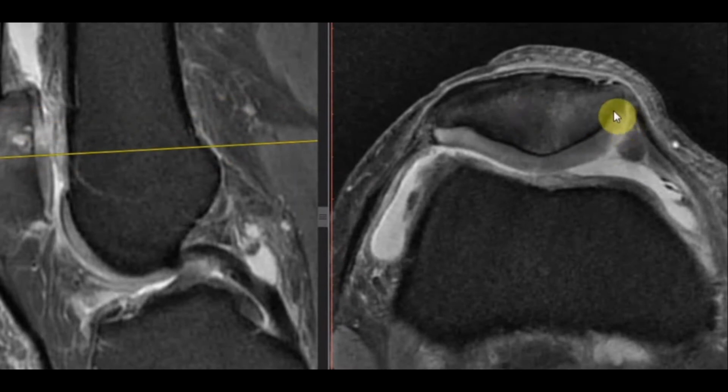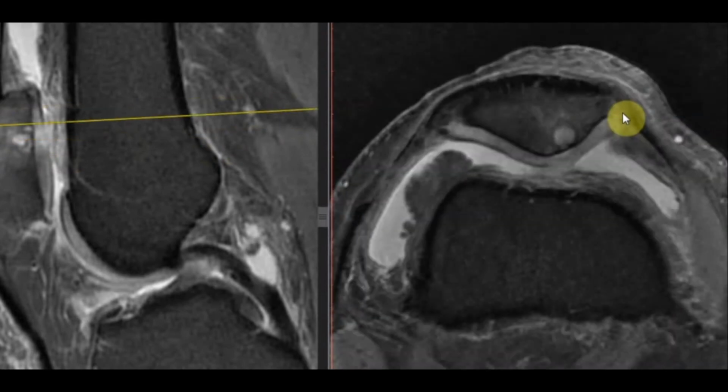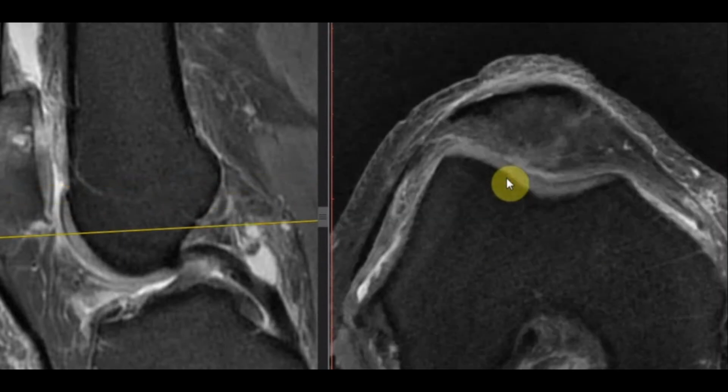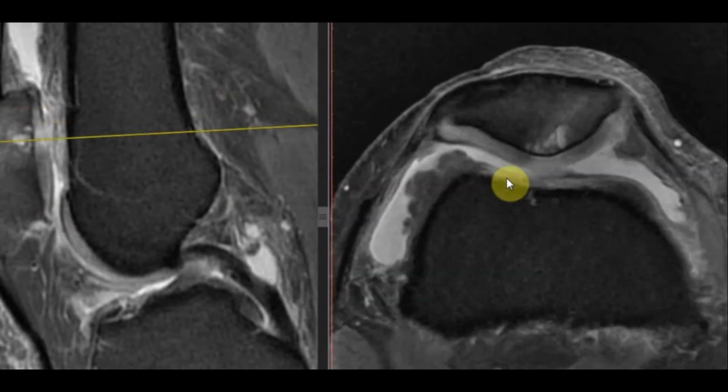Similarly, cartilage degeneration is also located here within the medial patellar facet. And there is subtle cartilage degeneration involving the lateral patellar facet, plus underlying marrow edema. So this is a case of chondromalacia patellae.